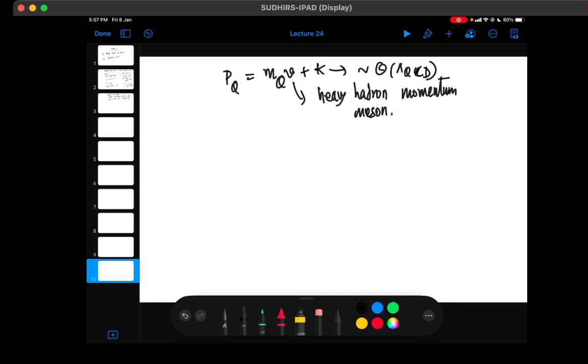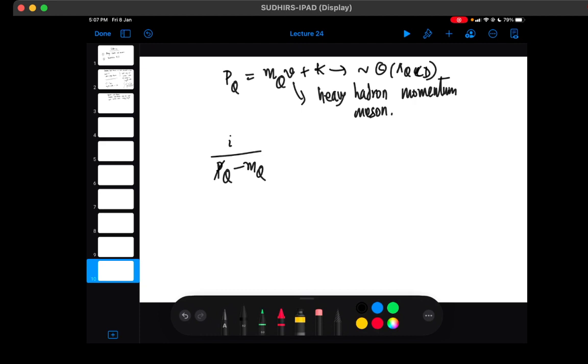So, for example, if the B meson is moving, the velocity of the B meson is nothing but the velocity of the heavy quark inside the B meson, plus some corrections of the order of k, which are of the order of lambda QCD.